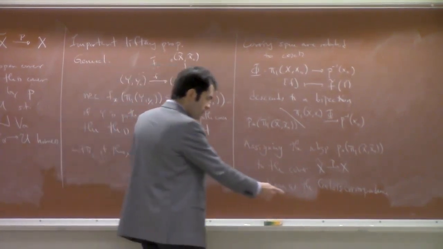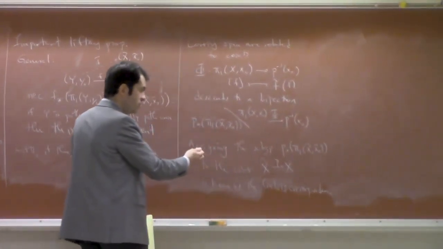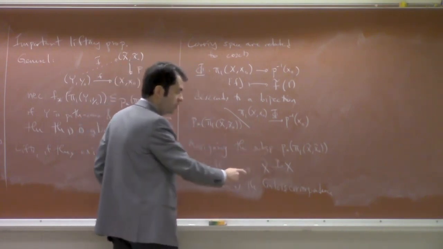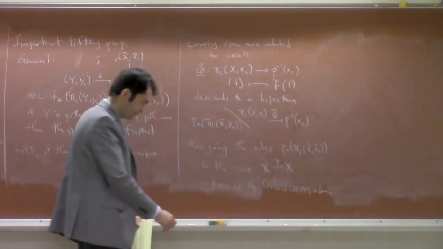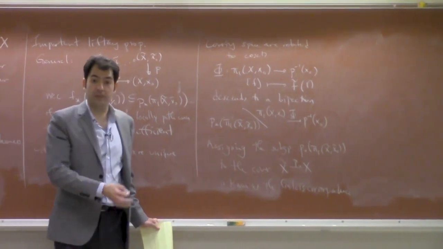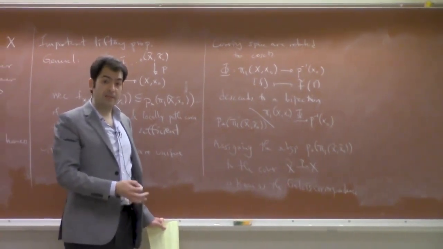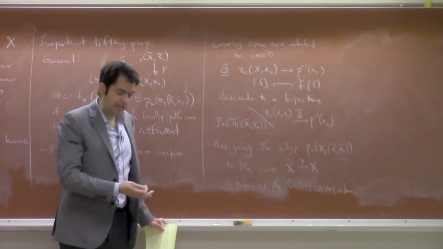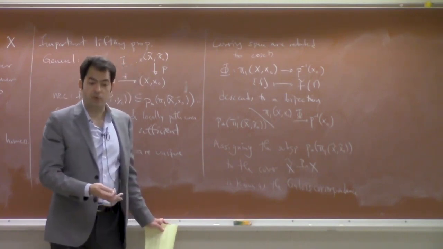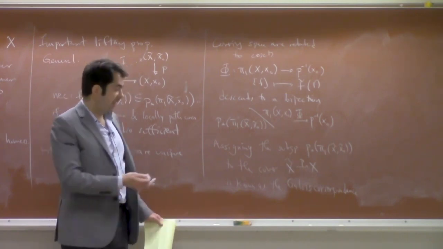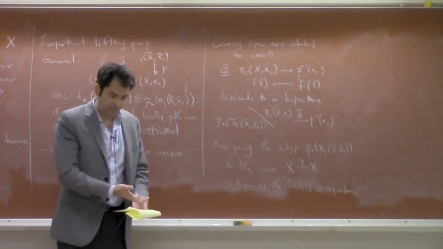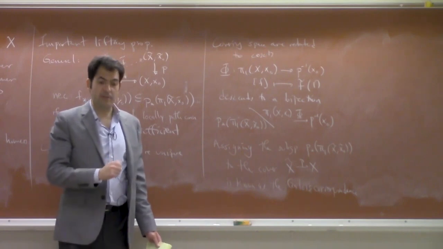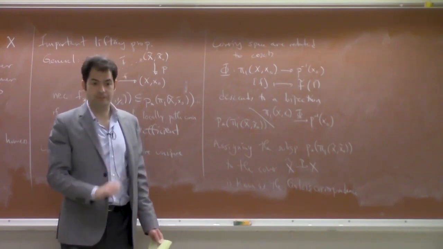So this is known as a Galois correspondence because it's very similar. We're going to have relations between subgroups of the fundamental group and covers of the space. In fact, you can make this relation more than just an analogy. If you're interested, you should look up Grothendieck's version of Galois theory.